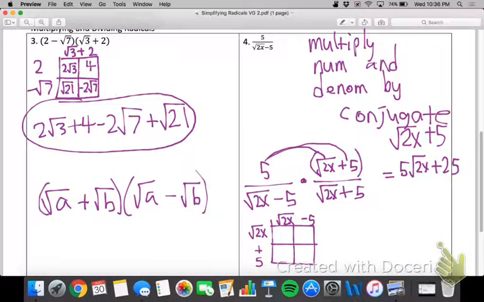So because it's a square root times itself, we're just going to get 2x. In this box, I get minus 5 times square root 2x. In this box, I get positive 5 times square root 2x.